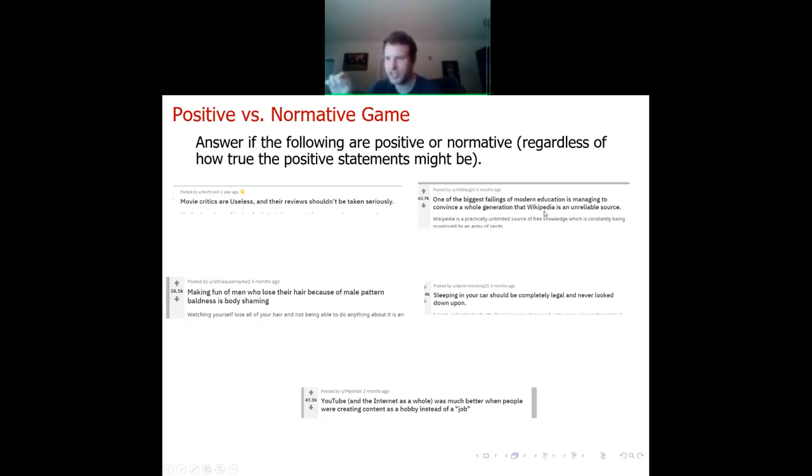Given A, B, and C, necessarily, you are body shaming. Given that you are making fun of a body part, and given that making fun of someone is shaming, making fun of a person is body shaming.